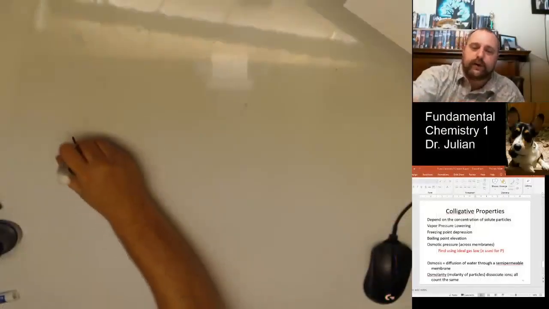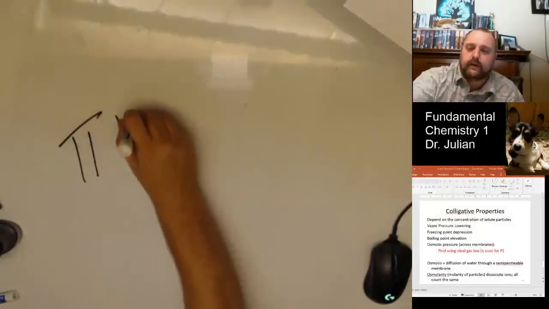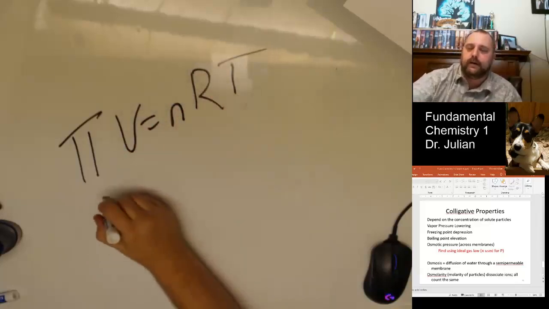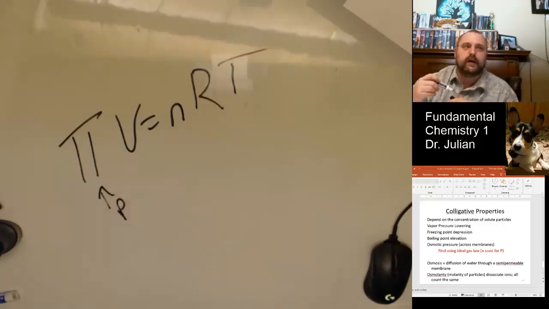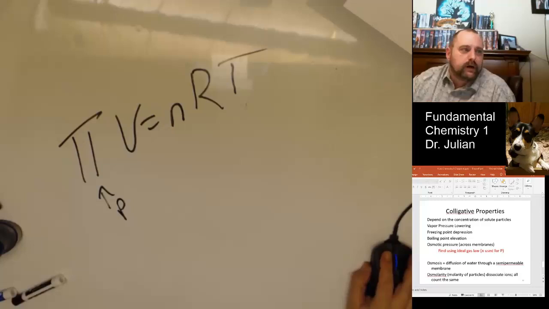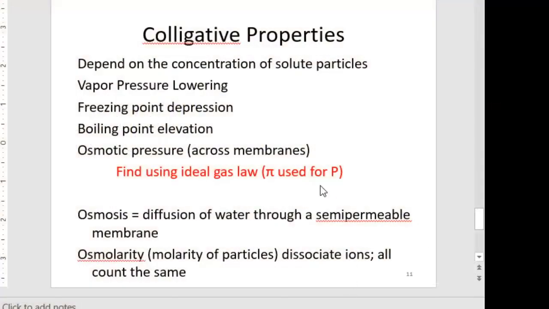So osmotic pressure. Oh, look at this. This is capital P. That's osmotic pressure, just as a, so capital Pi. So do it just as if you find this, but you got to dissociate all the ions. All right. So when you do N, it's got to be all the ions.